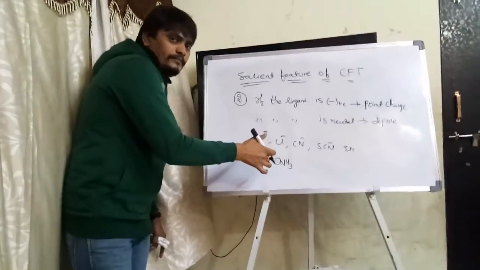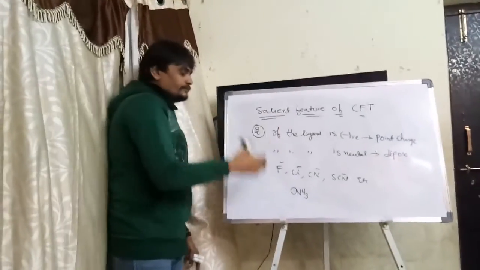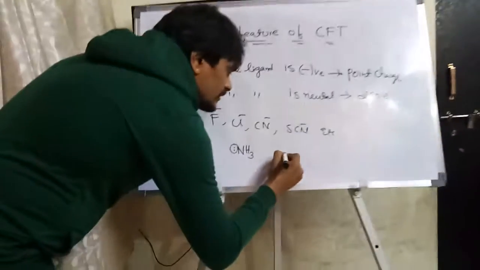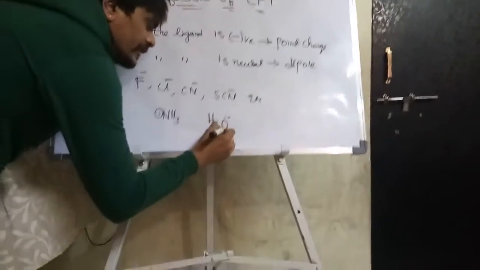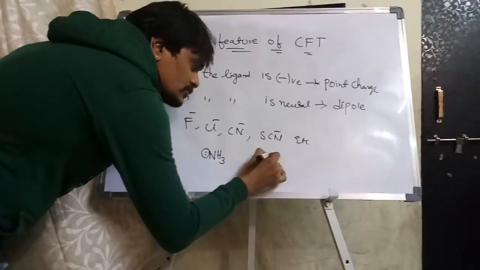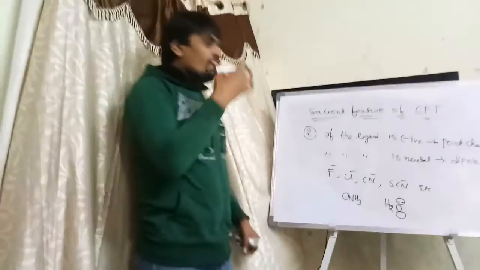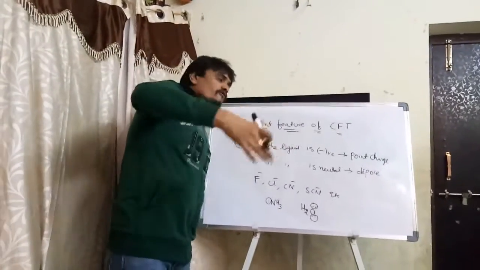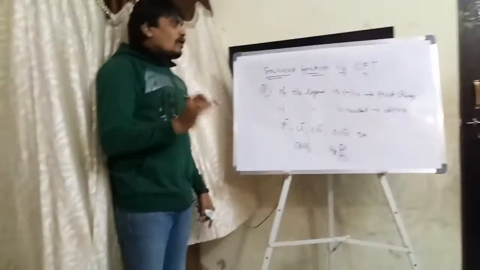It is free to donate the electrons to the metal. Another example is H2O. In H2O, oxygen contains two non-bonding pairs of electrons. These two non-bonding pairs of electrons will go in the direction of the ion. So this is the second salient feature of CFT.